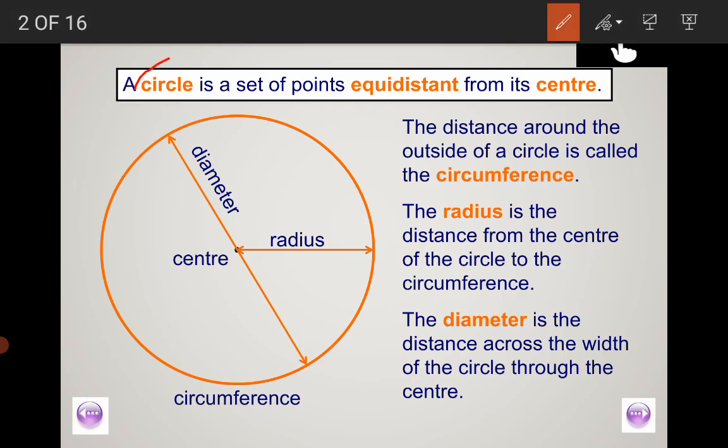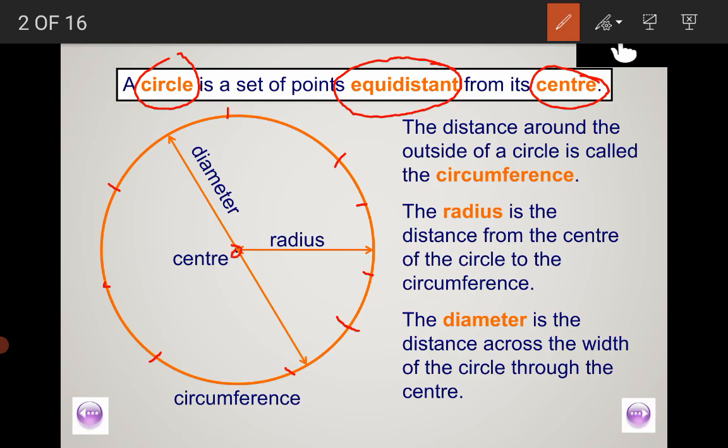So from this slide, before we go to the next slide, we've looked at the definition. So we're saying a circle is simply a set of points which are equidistant from the center. So if you look at the points here, all these points, when joined together, will form a circle.